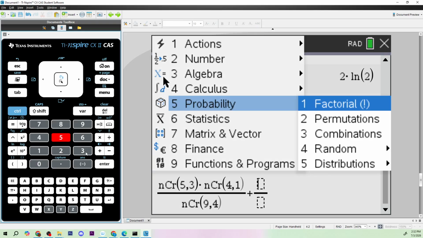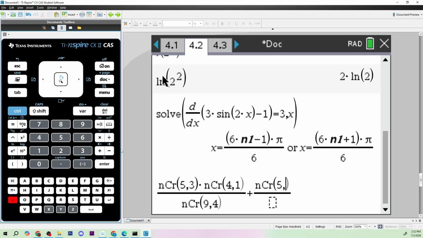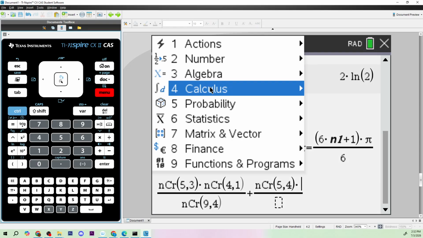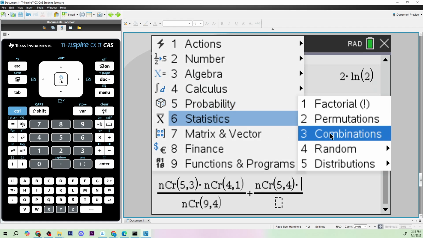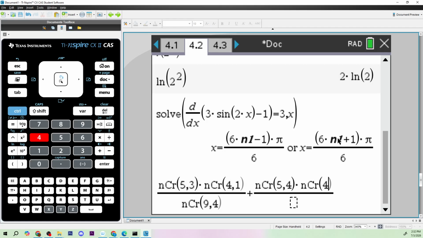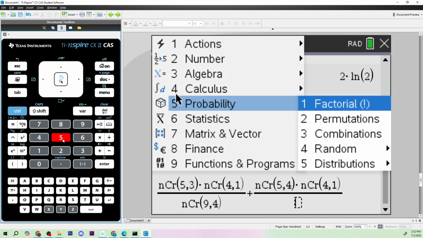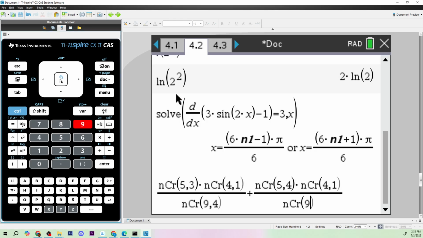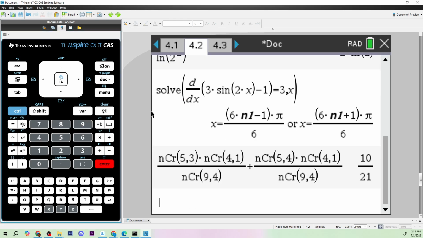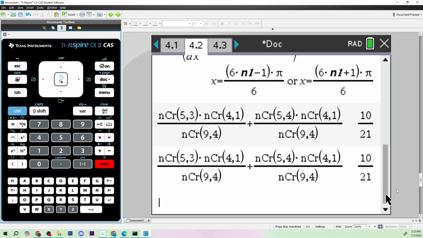I'm just writing all this down on the calculator because I have a lot to write down. So here 5 choose 3, this is 4 choose 0, 5 choose 3. Oh wait, that doesn't add because I did it with the first one.